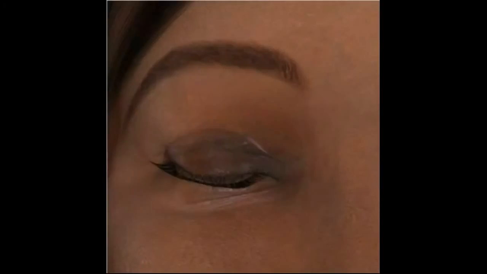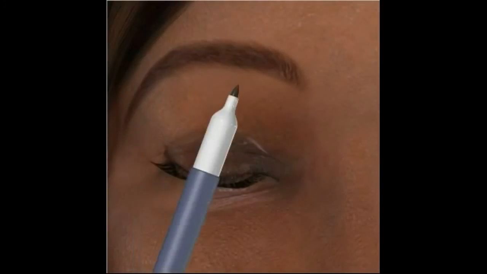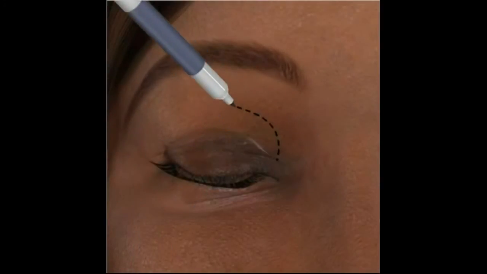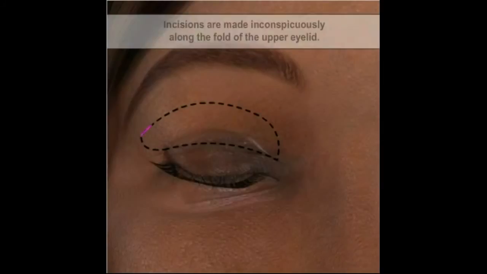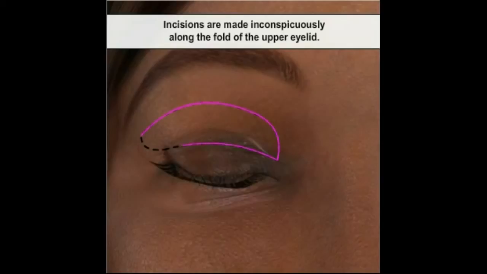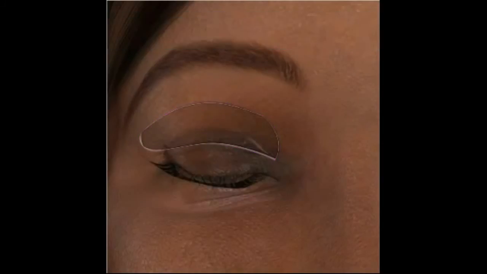Before making the incisions, incision guidelines may be drawn. This will ensure that the incisions follow the natural contours of the eyelid and the resulting scars will be as inconspicuous as possible. To begin, the physician will carefully make an incision in the fold of the upper eyelid.